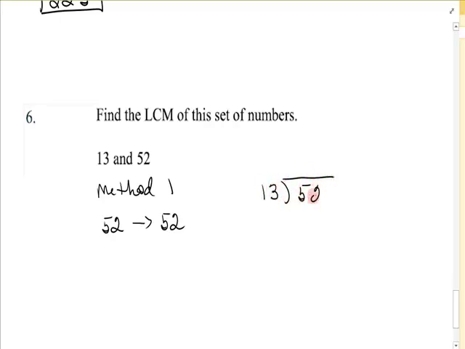So let's see. I'm going to guess 4 times. 4 times 3 is 12. Carry the 1. 4 times 1 is 4, plus 1, 52. Yes, 13 does go into 52. 52 is the least common multiple. Remember, go to the big one. It might be the least common multiple.